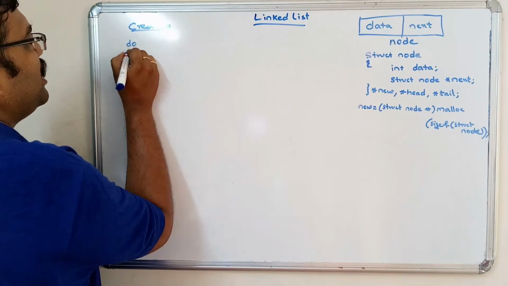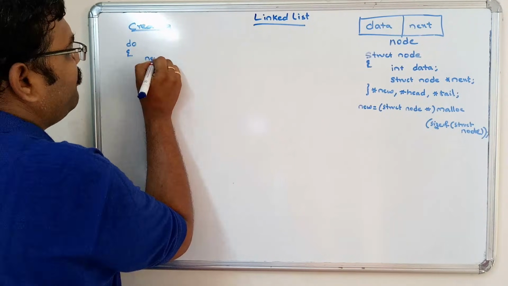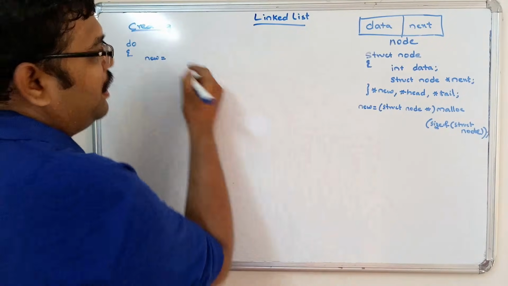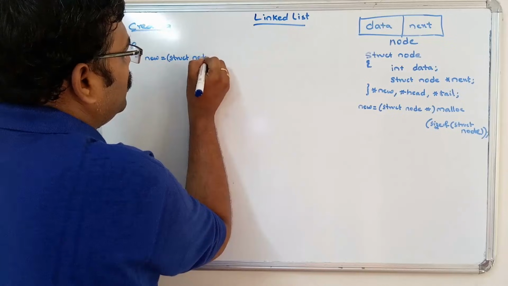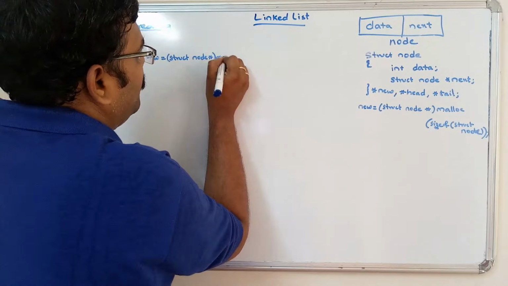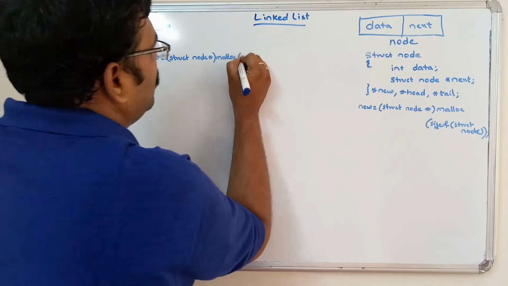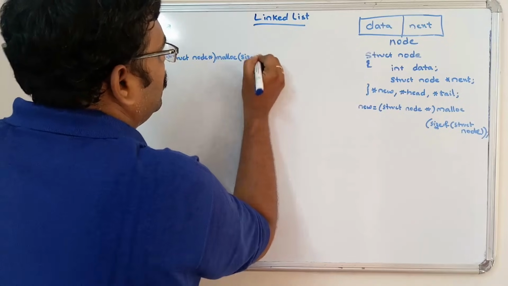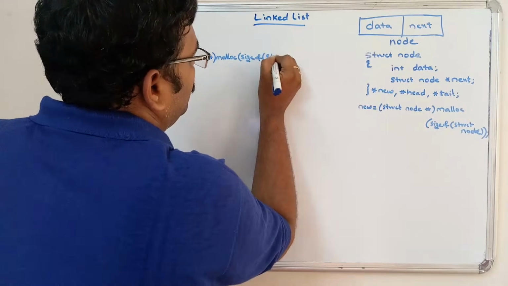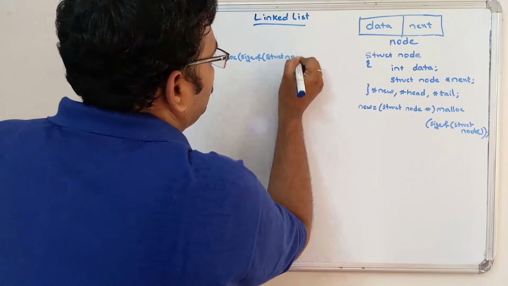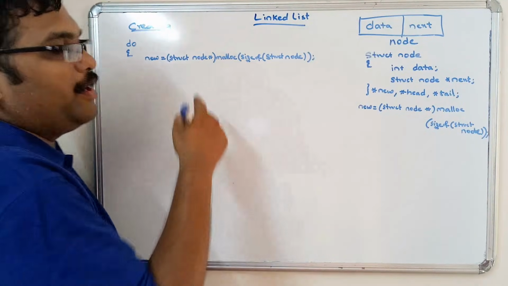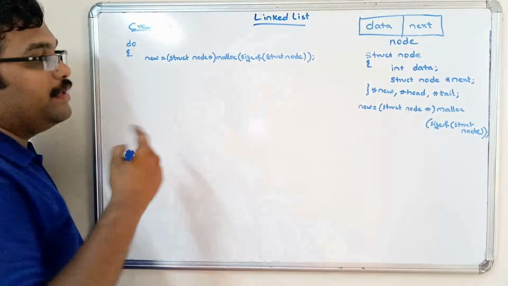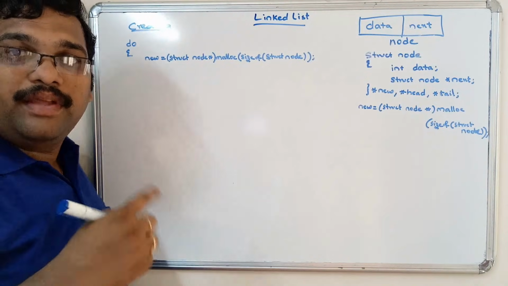So we'll keep this in loop. So for every time the new will be having struct node star malloc size of struct node, right? So once the memory allocation is done, then we have to take the value.